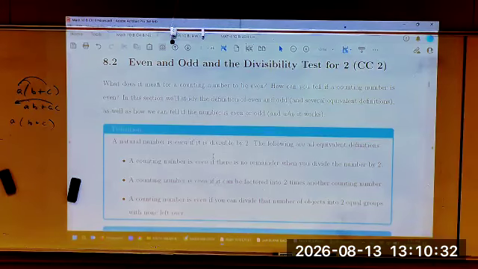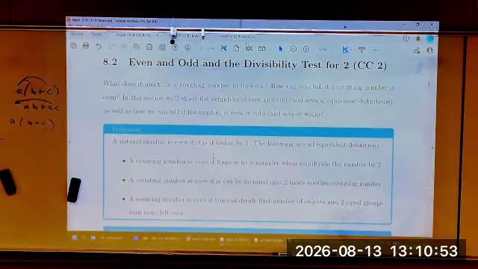But here's the other question. Is zero even or odd? The definition of even is divisible by 2. That's how you test for even.